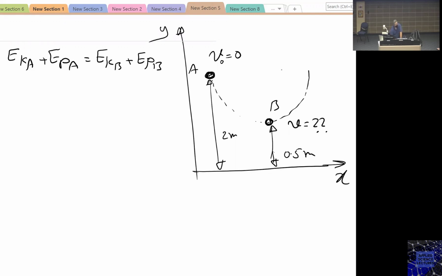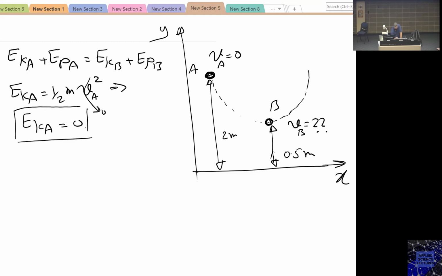Since the speed is 0 right at point A, I have EKA equals half m vA squared. If I call this one vA, just for simplicity, and this one vB, then vA here is 0, which means that EKA is 0.